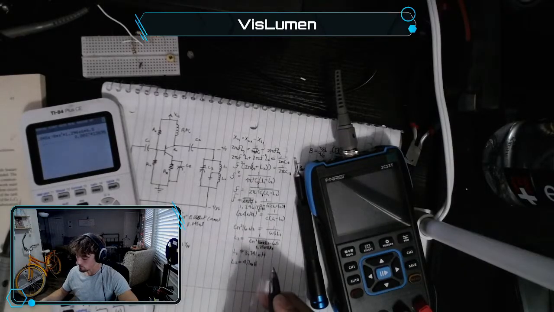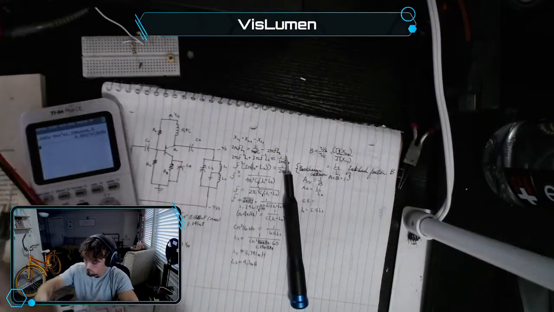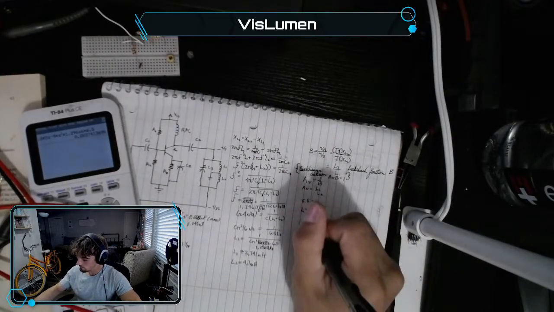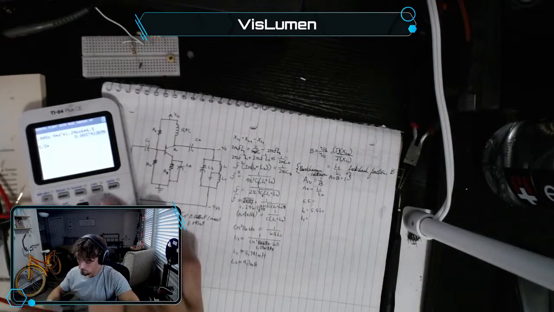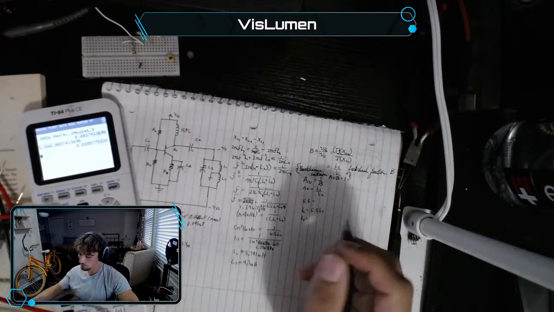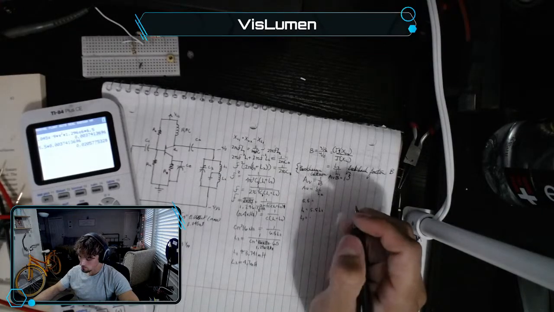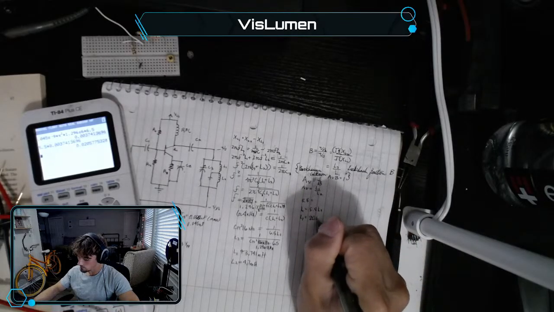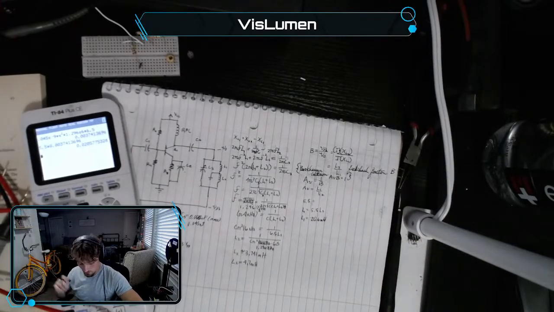So we got L2 and L1 is determined by, so L1 equals 5.5 times 20.6 millihenry. 20.6 millihenry.